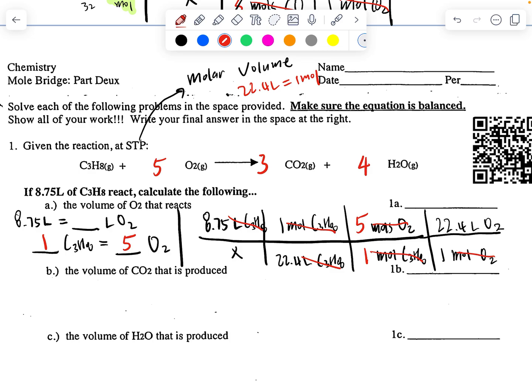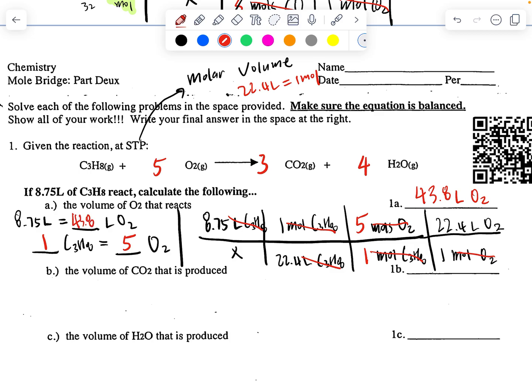All right, so we're going to go ahead and do the calculation across, top and bottom, right? So 8.75 times 5 times 22.4 and divided by 22.4. And I got 43.8 liters of O2 as my final answer.